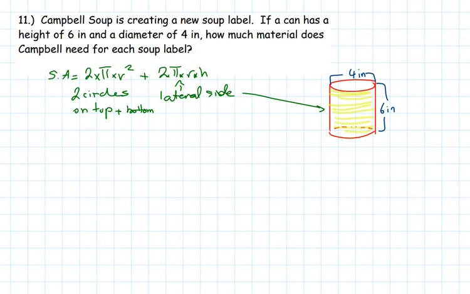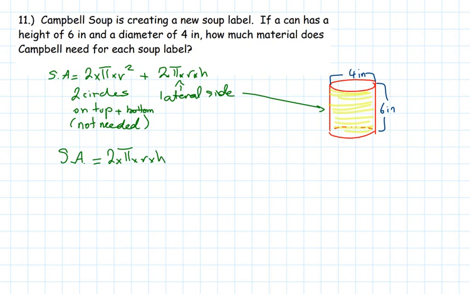So now we drew it, we use the formulas, and however this changes the formula. We're not looking for the top and the bottom, so they are not needed. So the surface area for this problem will be just the lateral side, or 2 times pi times r times h.